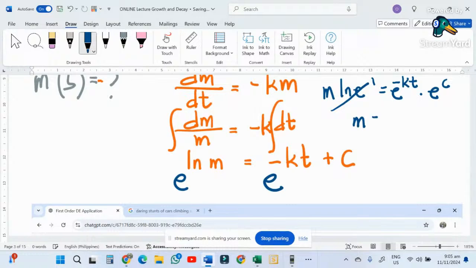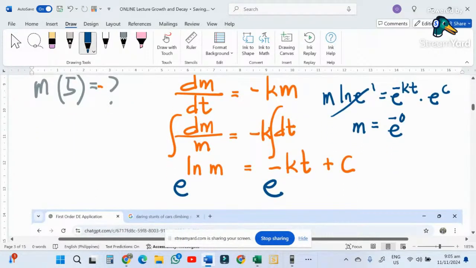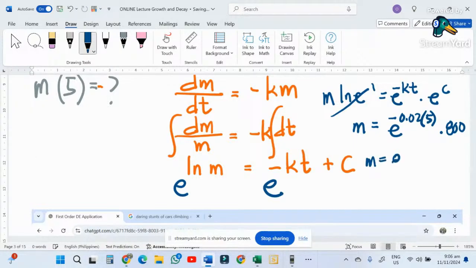So m will be equal to e to the negative, what is our k? 0.02. And our t is 5. And e to the c will be the initial value, which is 800. You can also write it as m is equal to 800 e to the negative 0.02 times 5.